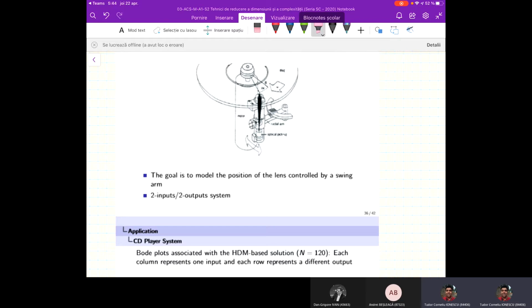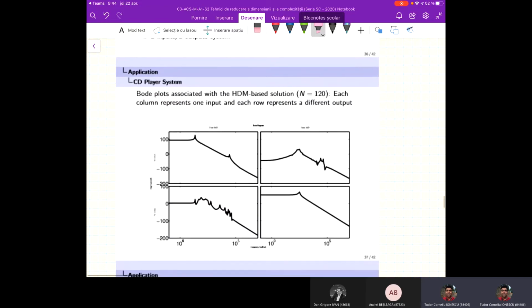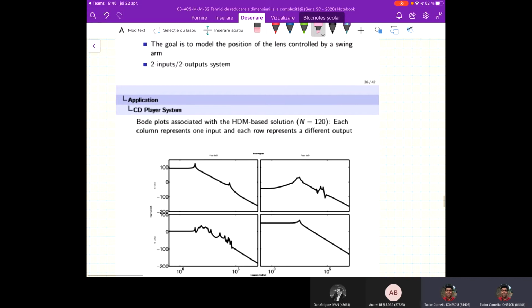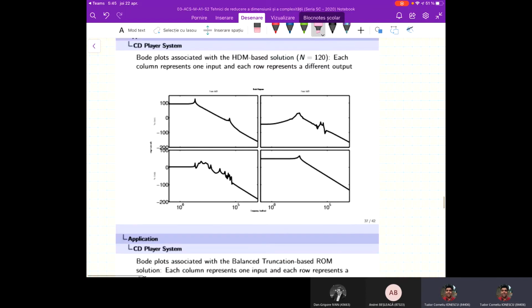However, we study in the assignments a single input, single output version of this. Bode plots associated with the HDM-based solution. What's HDM? I don't know. The dimension of such a system is 120. These are the results.